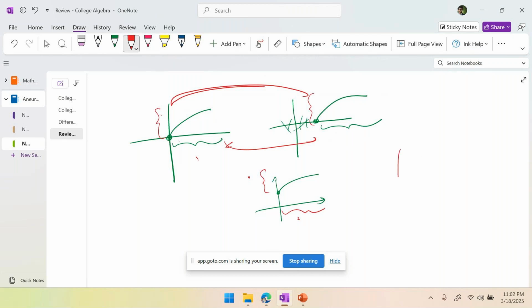So if you have a graph, how do you identify the domain? Domain is basically all the acceptable x values. So if you have something like this, for all these x values you have a corresponding y. So for the domain you include all the x values. But if you have, let's say, something like this, for these x values you don't have a particular y, so for the domain you exclude these x values.